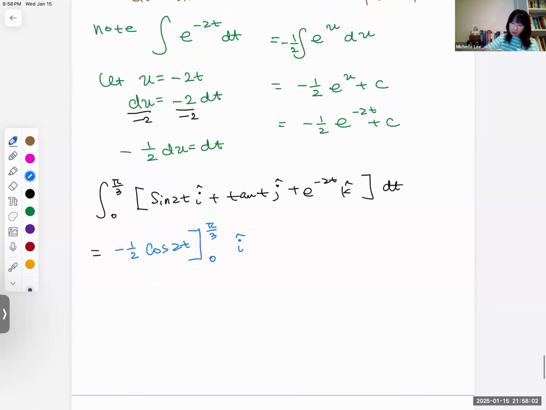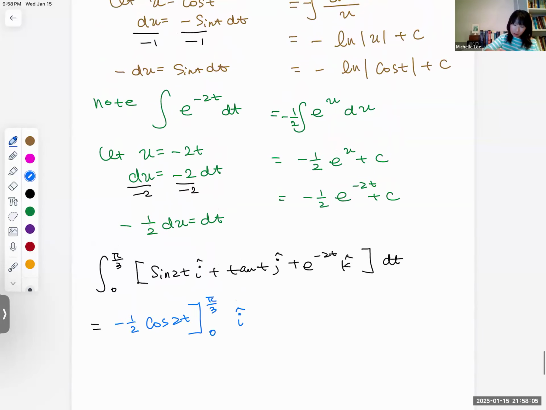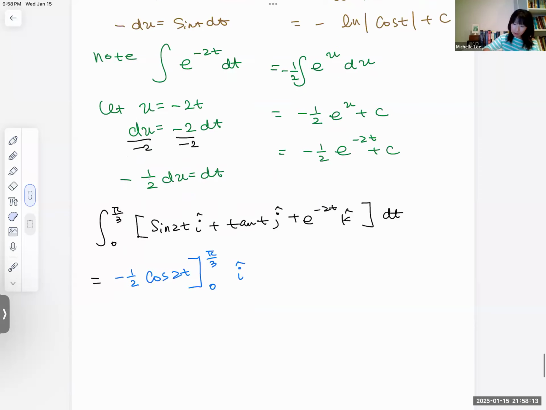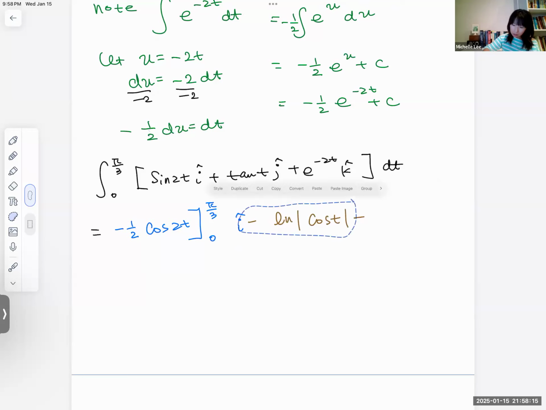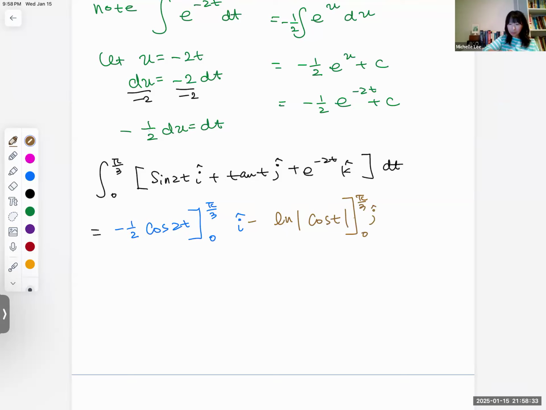And for tangent t, we have negative ln cosine t, definite integration, right? And j hat, from 0 to pi over 3, j hat.